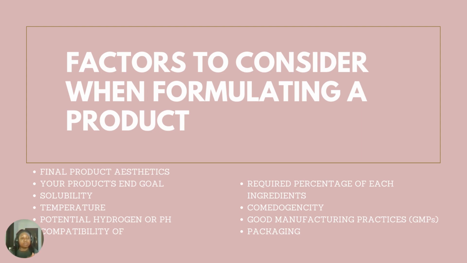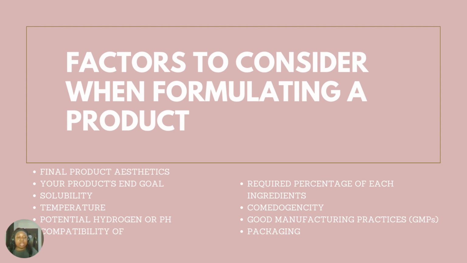Also, I think I've mentioned this before, the potential hydrogen, or pH, of the ingredients and of your final product. Let's say, for example, you're formulating a face toner. Usually, your pH shouldn't be above 5.5, so between 4.5 and 5.5. When formulating a face toner, you want to incorporate active ingredients or raw materials that are stable at the pH of your final product.